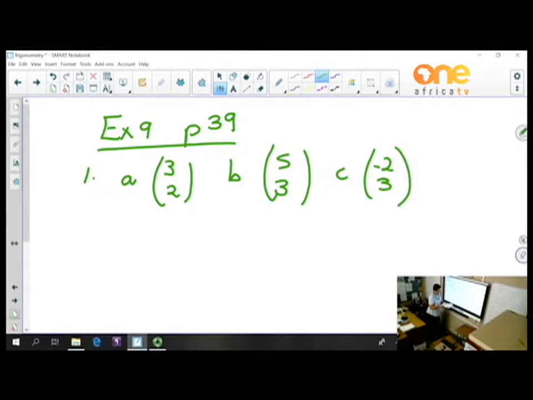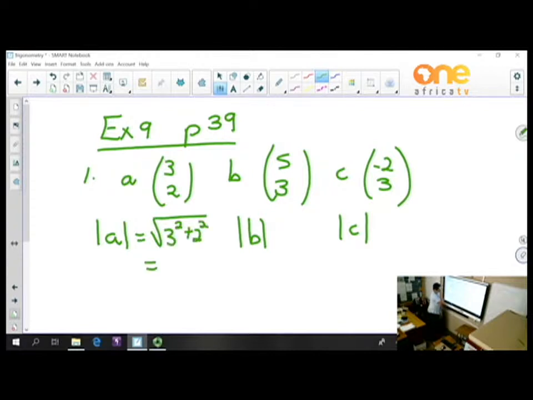So the question is now calculate the magnitude. They can also ask it like this: the magnitude of A, the magnitude of B, the magnitude of C. That is what we do. And this is Pythagoras. So it will then be the square root of 3 squared plus 2 squared, which is equal to the square root of 13. You can get the value there, or you can give the answer like that.